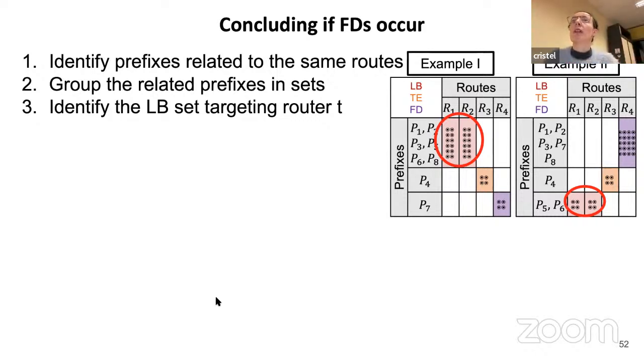For example, in example 1, the exit is observed in a set of routes for prefixes P1 to P8, and this is assumed to be the normal behavior. While in example 2, the route to T is also route 1 and route 2, and it's the one observed for prefixes P5 and P6.